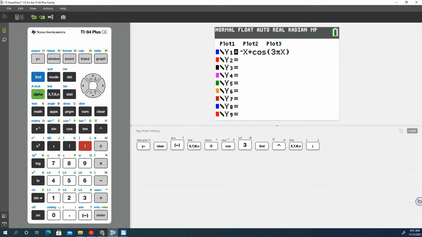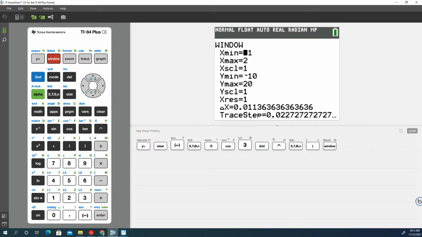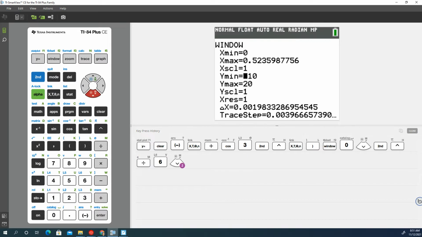Now we're only looking from 0 to pi over 6, so I'm going to change my window so I don't get confused by anything outside of my range. I'm going to change my x min to 0 and my x max to pi over 6. For y minimum, I'm not quite sure how low or how high. Well, actually, I do. It's a cosine curve, right?